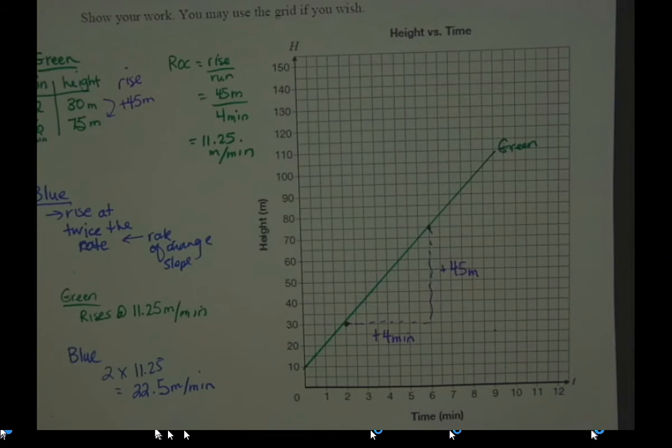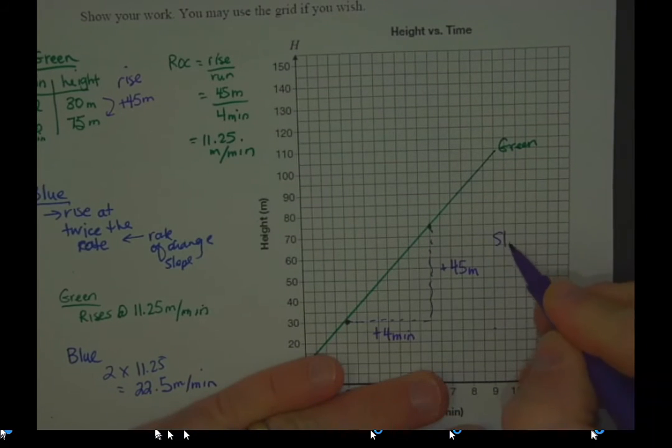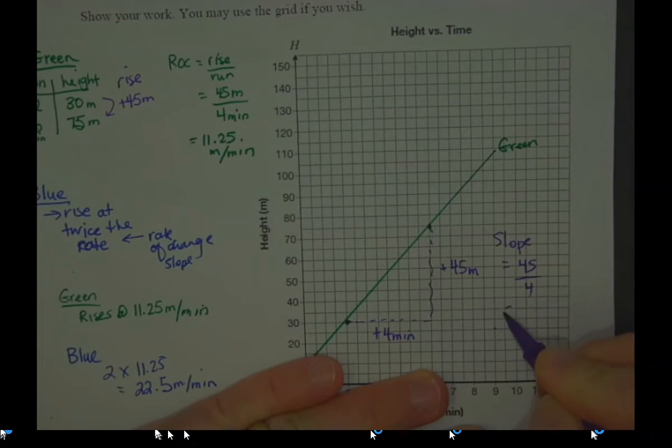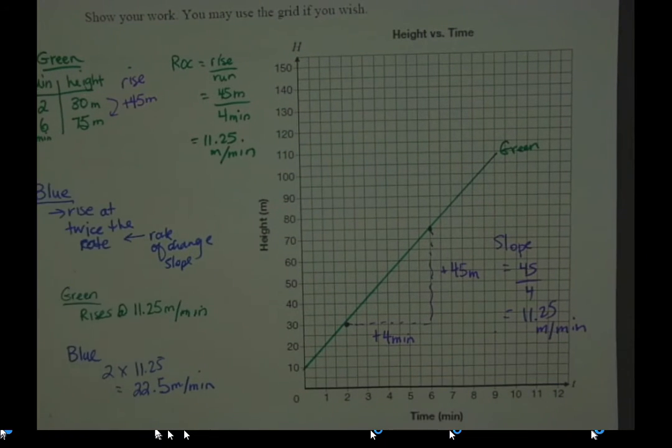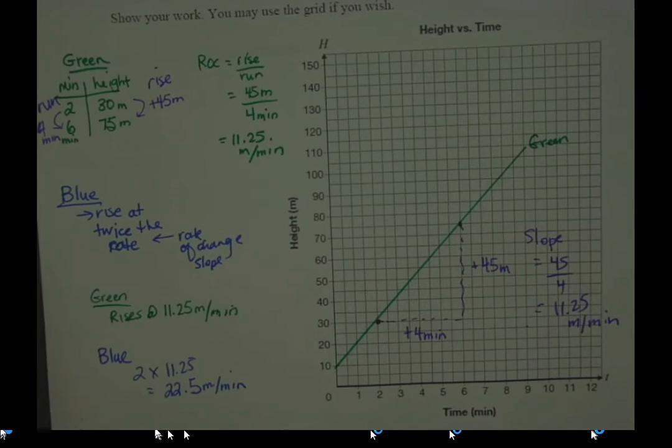So different ways of doing it. My slope here is still going to be 45 over 4. So the answer ends up being the same. So hopefully with two different ways of looking at it, we're still getting the same answer.